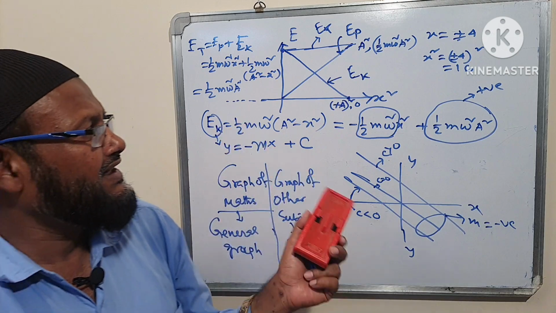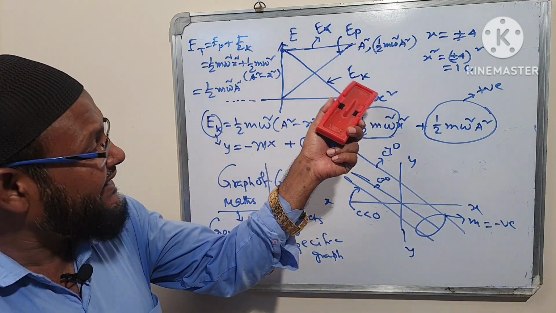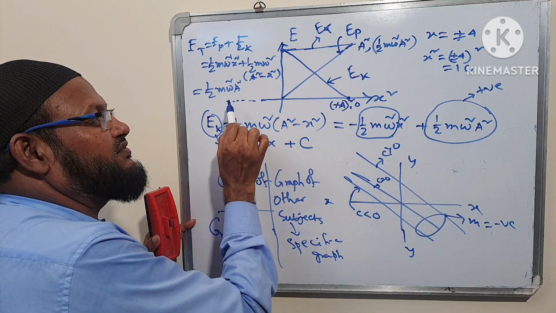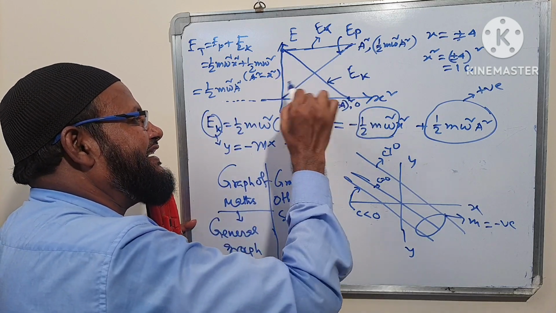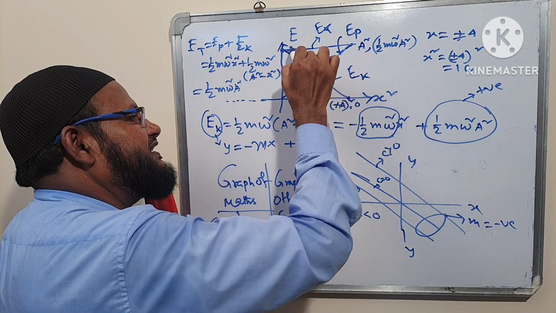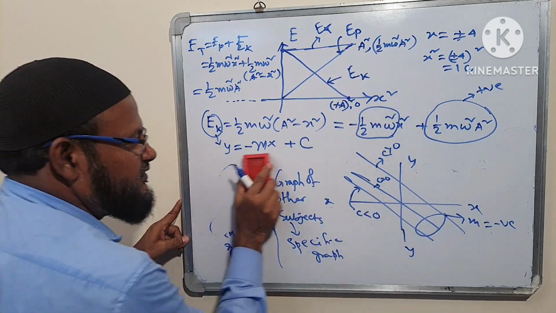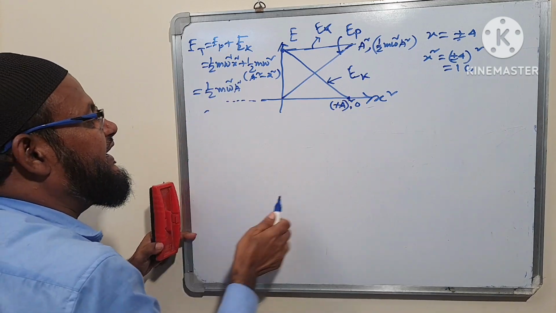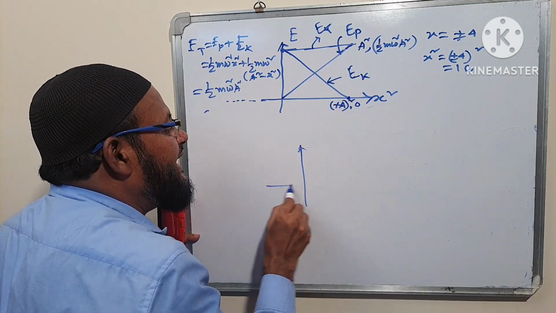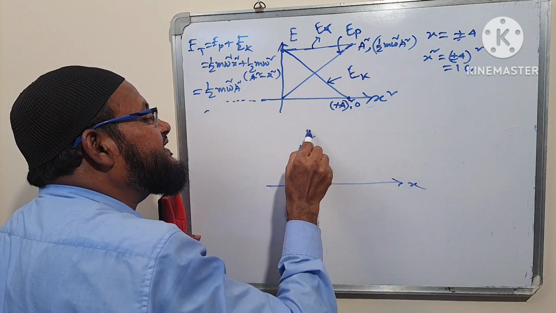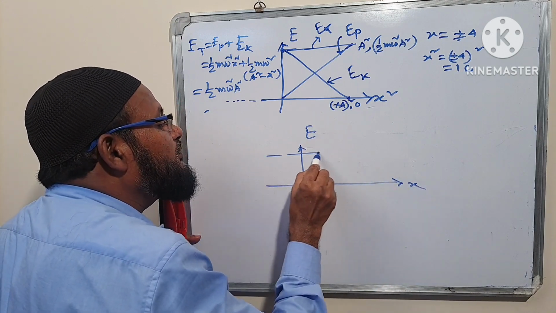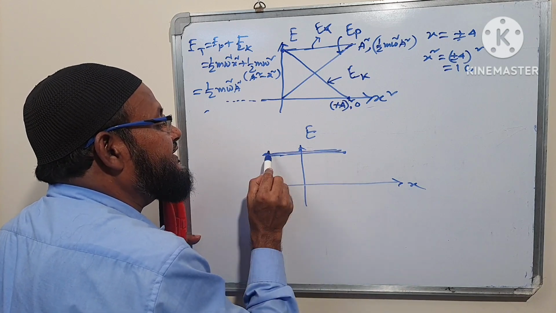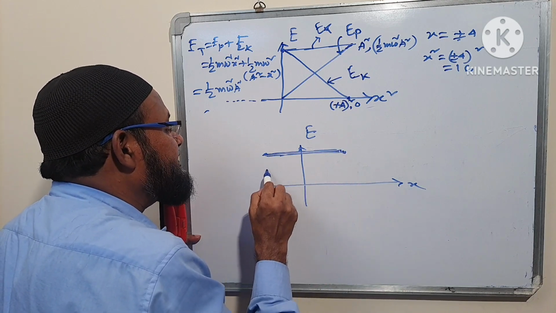This graph is very very important. When x square is on this side, the graph is not possible. This is the kinetic energy, this is the potential energy, this is the total energy. I am drawing the graph. I have just discussed, sir, when this is x and this is energy, in that case both sides are possible.